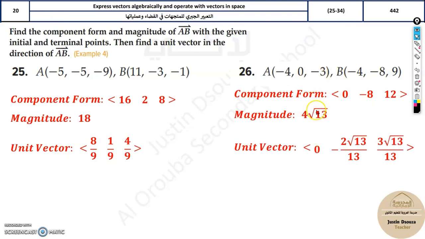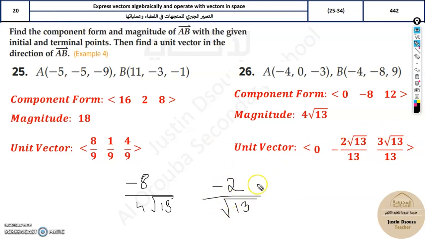So now here you get it in terms of square root, just negative 8 divided by this would be the answer, or you can simplify, look into the options. So sometimes the option might be just minus 8 by 4 root 13, which would give you minus 2 divided by square root 13. If this option is not there, then you can see the simplified form. You're multiplying the numerator and denominator by root 13.